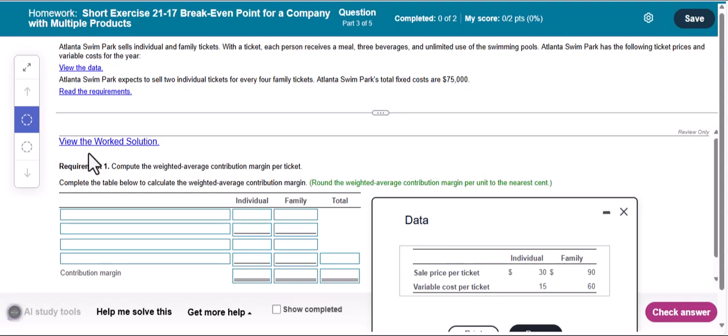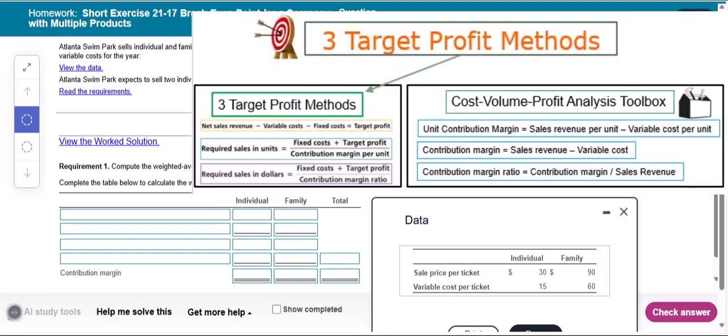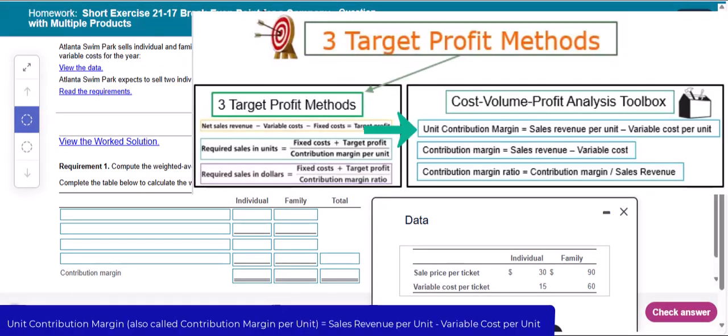So requirement 1, again, we have to compute the weighted average contribution margin per ticket. Before we can do that, we have to calculate the contribution margin. The unit contribution margin is sales revenue per unit minus the variable cost per unit. So we've got to get the individual ticket and then the family ticket.